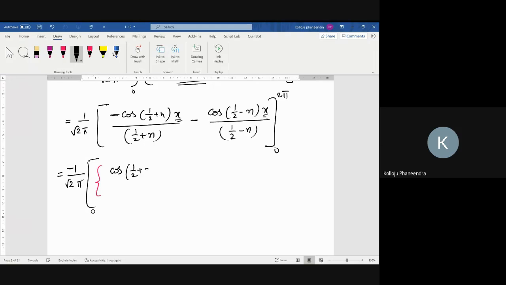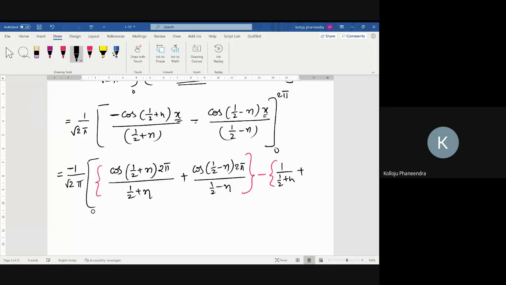Let me write one more step to understand it easily. 1 by 2 plus n, and this is plus because minus is common, 1 by 2 minus n into 2 pi by 1 by 2 minus n. This is the upper limit. Minus, coming to lower limit 0, cos 0 value 1. So this becomes 1 by 1 by 2 plus n, plus, because minus is common, this term will be plus. This is also cos 0 by 1 by 2 minus n.